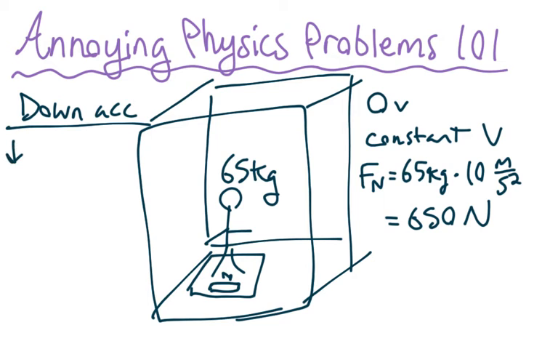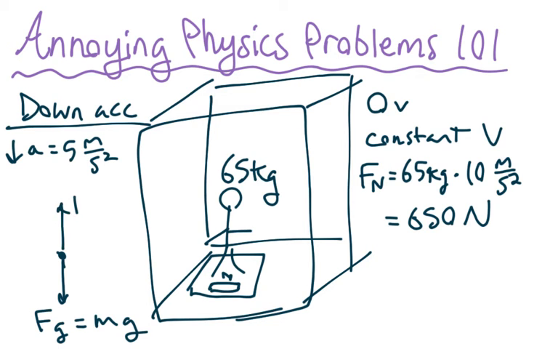Let's say the downward acceleration is equal to 5 meters per second squared. Let's say that this is my person. This is what we call a free body diagram, where we take a point that represents our object, and then we draw the forces on it. This is the force due to gravity. This is going to be the normal force, which we don't know.